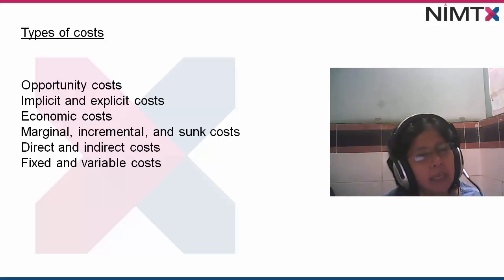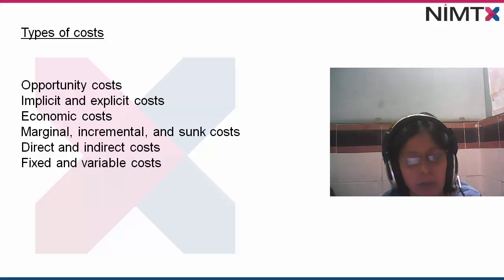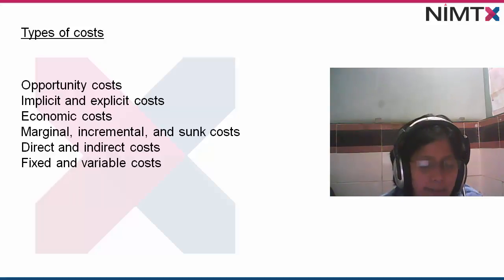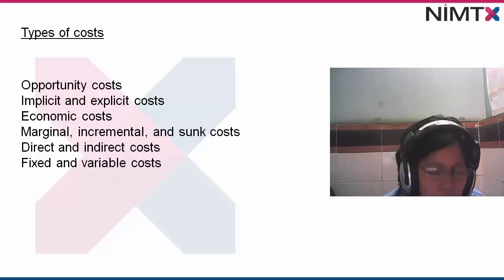And incremental cost is the total additional cost of a firm as a result of implementing a major managerial decision. For example, a telecom company is starting a different group. So what will they do?